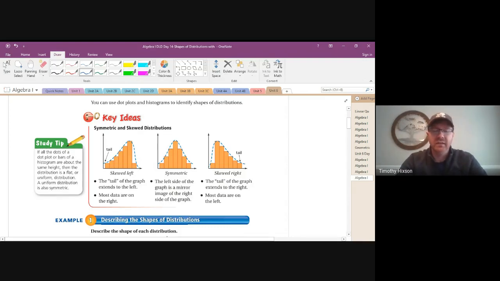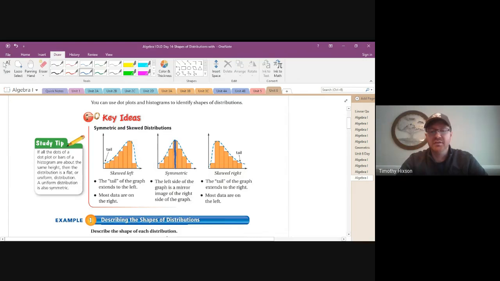A perfect symmetric one has this description: if we were to draw a line right down the middle, the left side is a mirror image of the right-hand side, kind of like our parabolas that we looked at earlier in the year. We have this mirror image on either side of the middle.